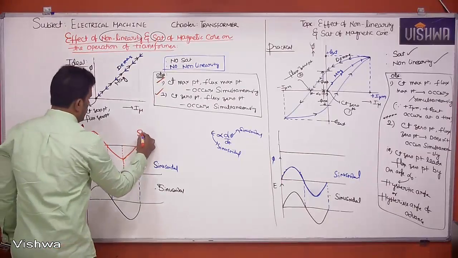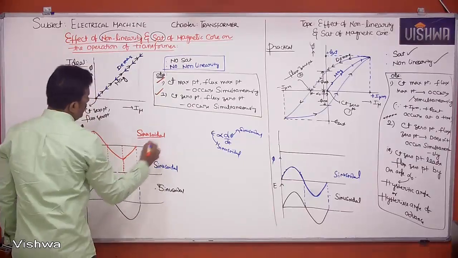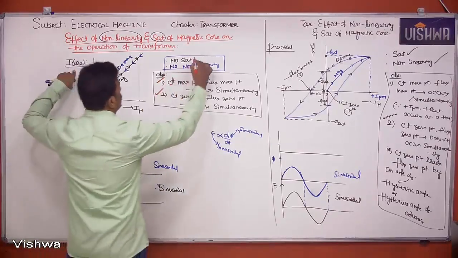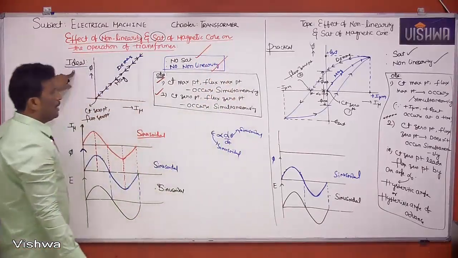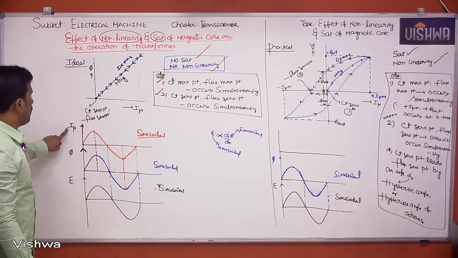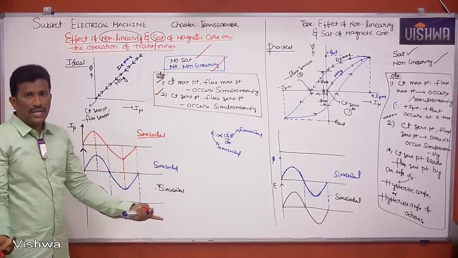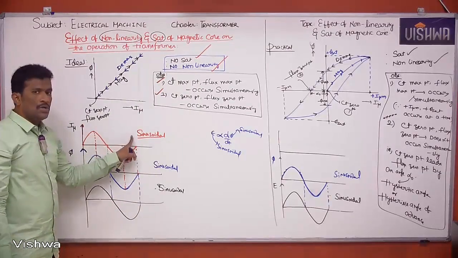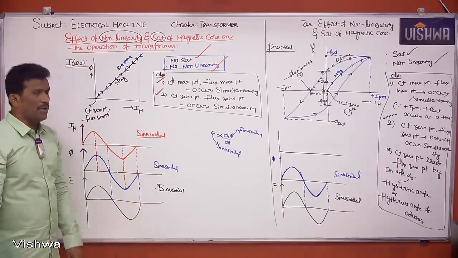Conclusion: in the ideal case where saturation and the effect of non-linearity are not included, the shape of your I mu waveform is sinusoidal, because I don't have any non-linearity or saturation. So I will get a sinusoidal flux waveform and a sinusoidal EMF waveform.